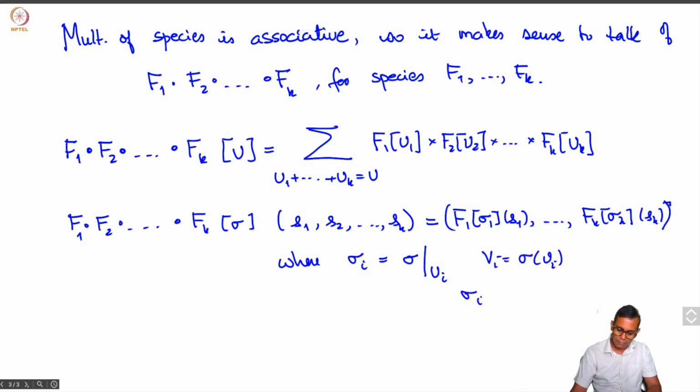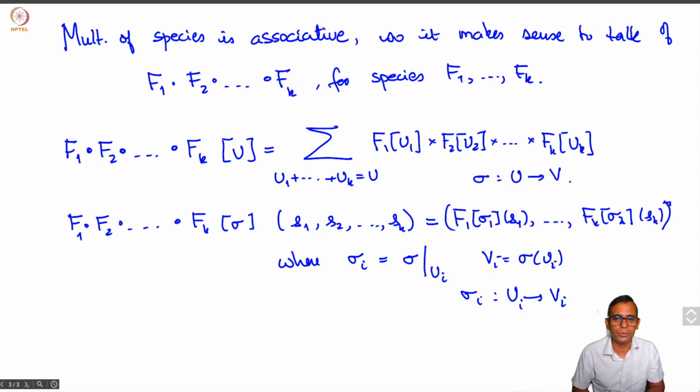So you can think of sigma i as a bijection from Ui to Vi, and this thing here will again be an f1 dot f2 dot fk structure on the set V if sigma is a bijection from U to V.